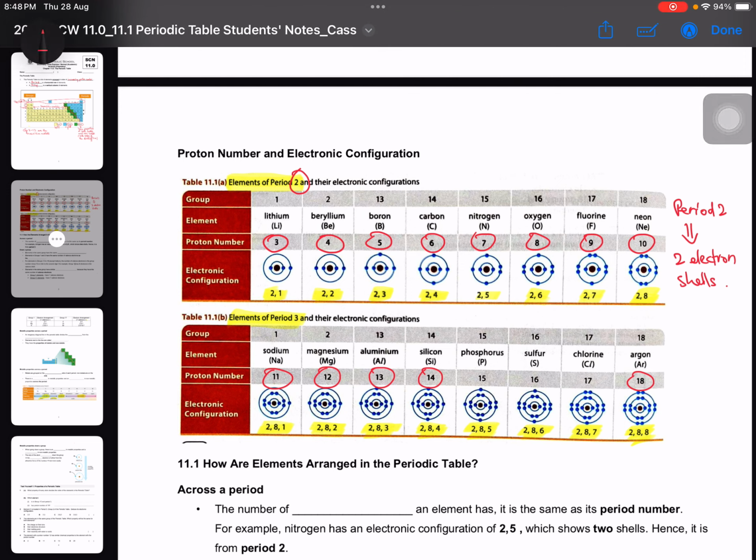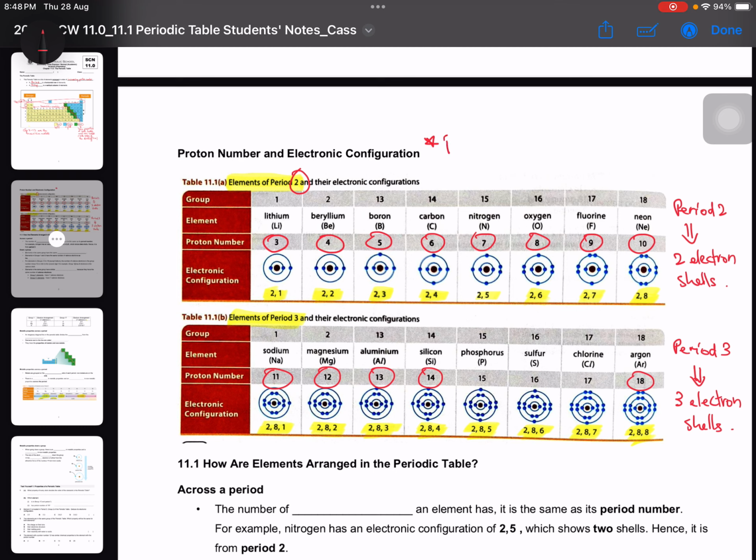So period 3 elements have 3 electron shells. So we learn our first pattern, right? What's the pattern?